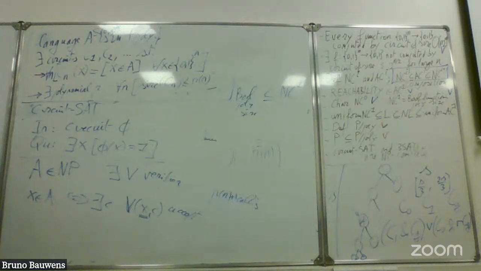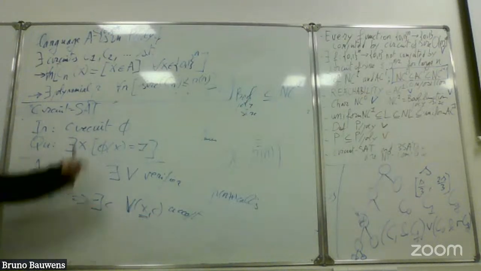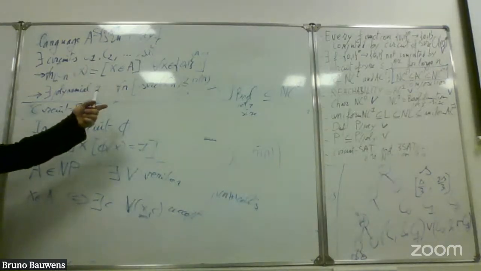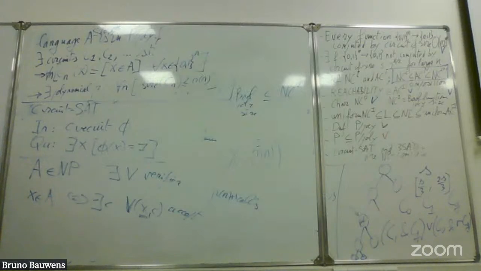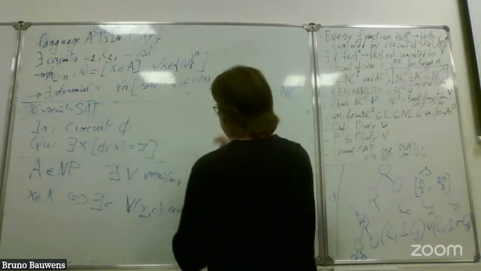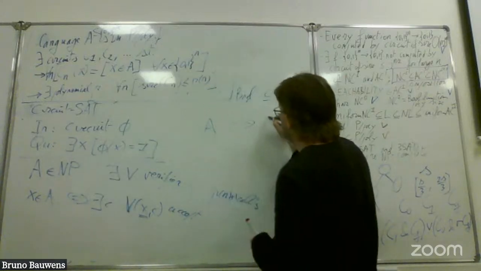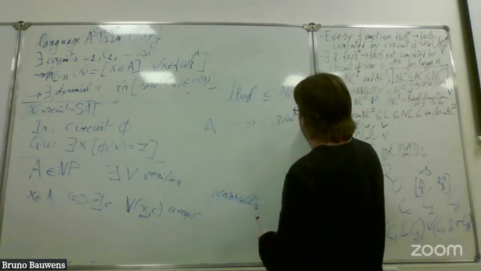Now we will build a circuit that simulates V in the same way as we proved P is in P/poly. This circuit has 2 arguments, x and C. Now we want to reduce A to Circuit-SAT, so A needs to be mapped to Circuit-SAT.